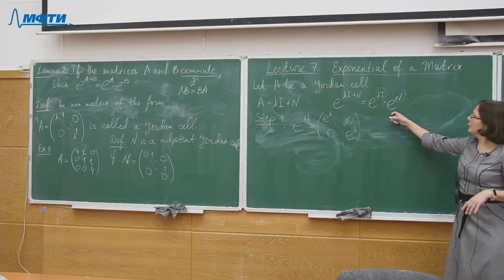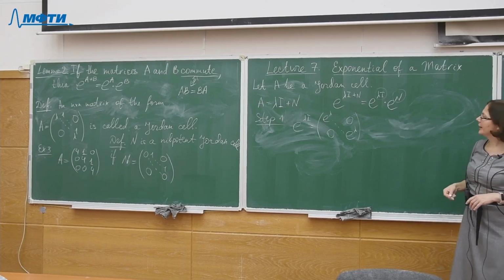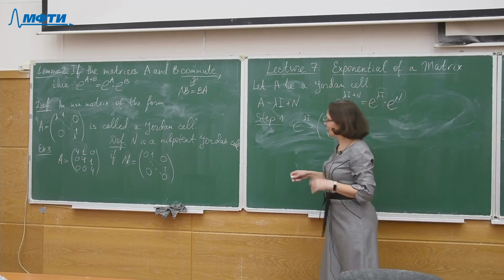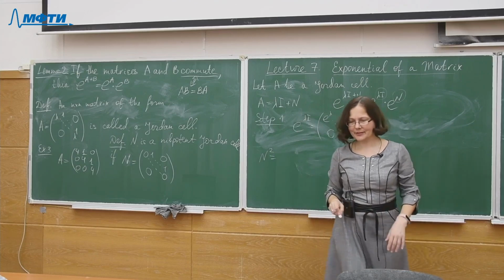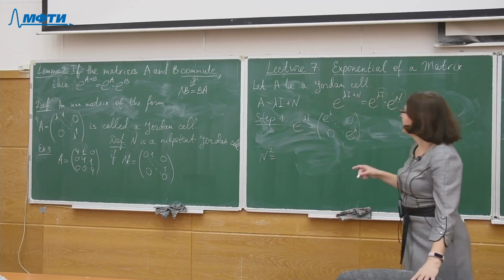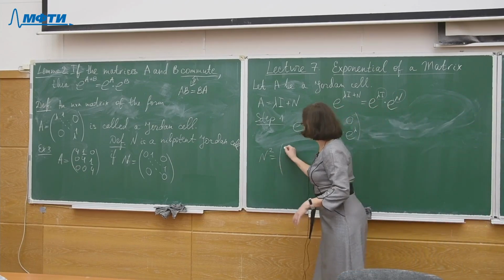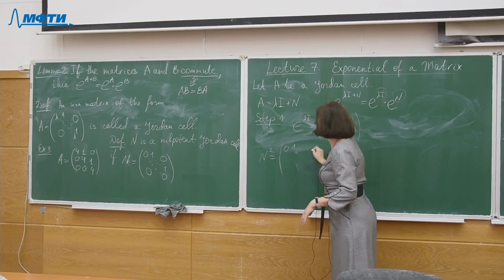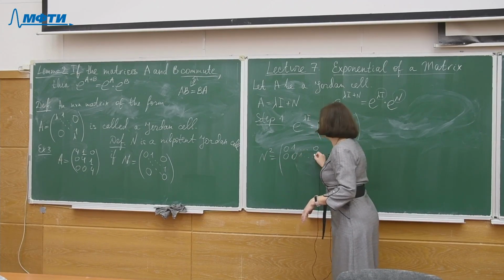And now we need to find e to the power N. To do this, we need to find N squared first. N squared. Let's multiply N by itself.